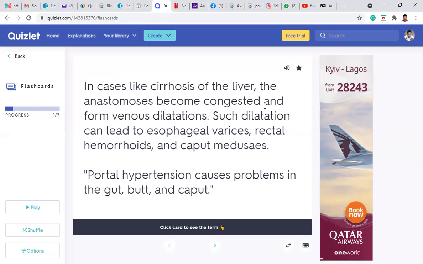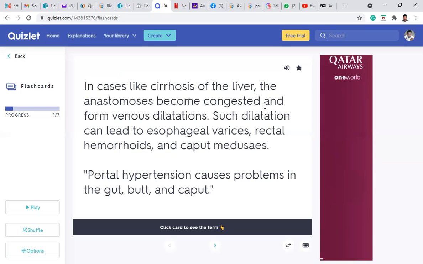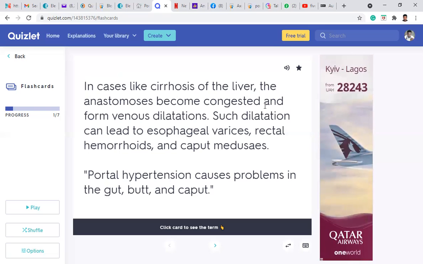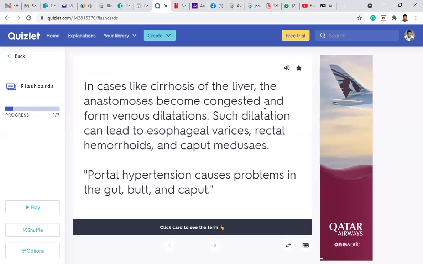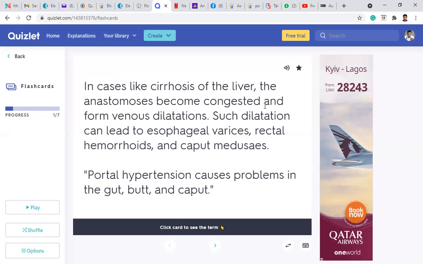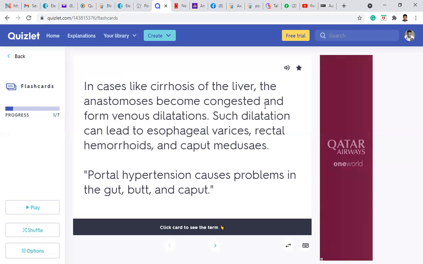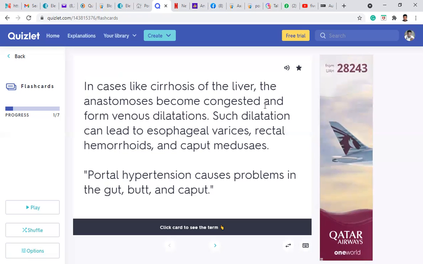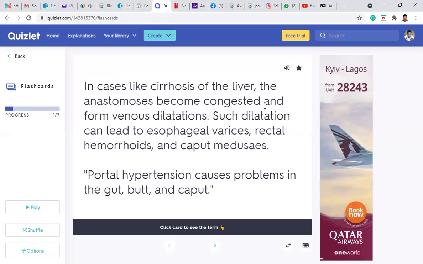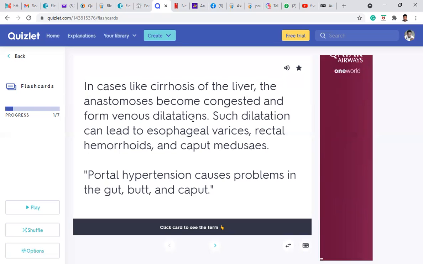And when blood cannot enter the liver, the blood cannot leave the liver through the hepatic vein. So what happens is that there is congestion of blood in the portal vein, and the anastomosis between the portal vein and the caval or the inferior vena cava becomes congested with blood, and that will lead to venous dilatation.